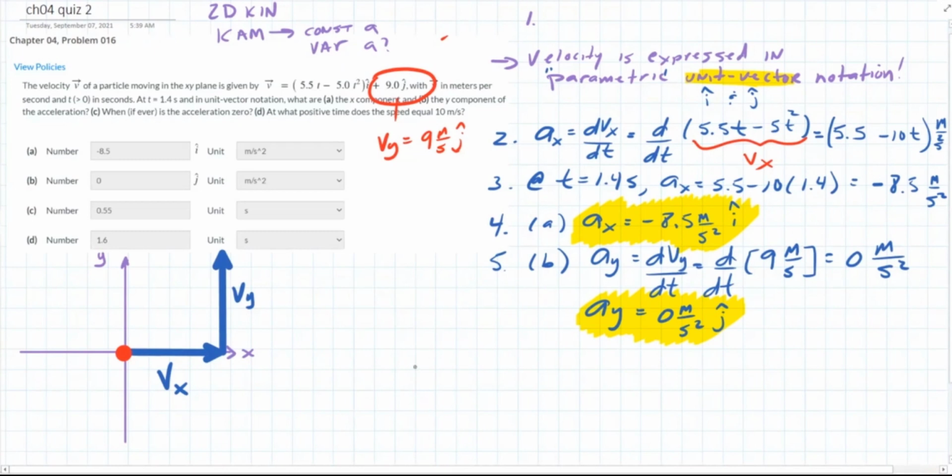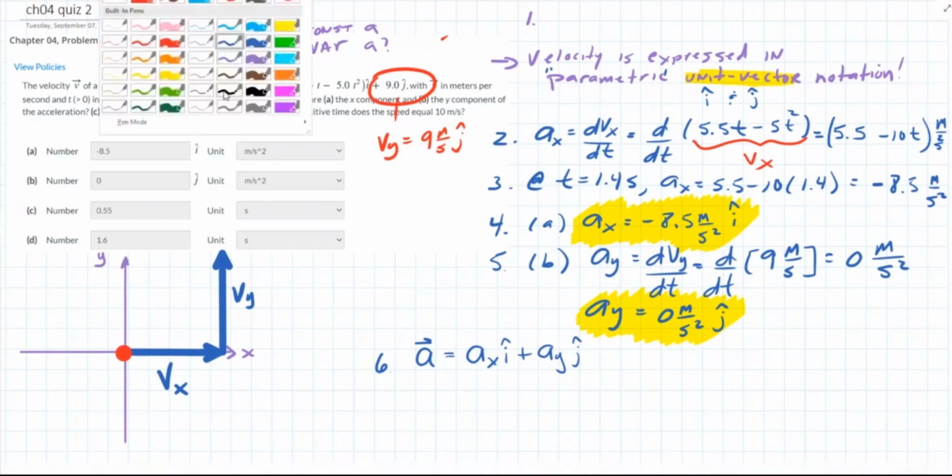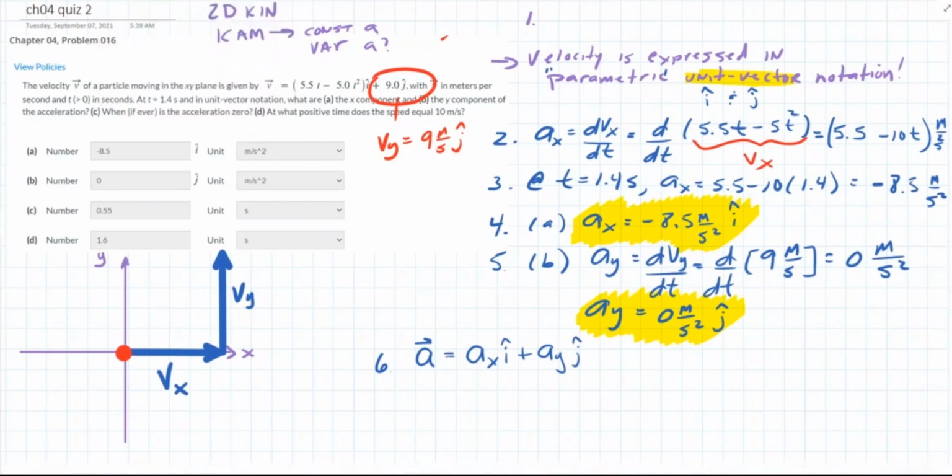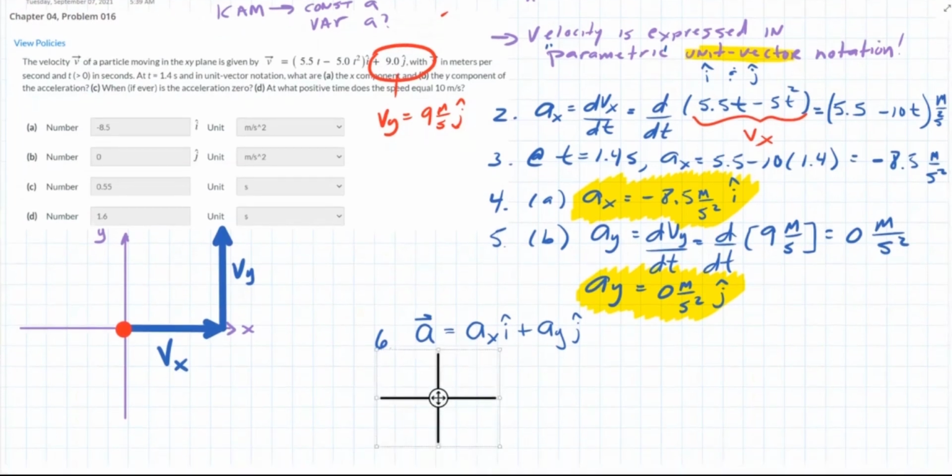In general, you guys, I can write it like this. In general, I have an acceleration, and my acceleration has some x component and some y component, exactly like I'm specifying here. A sub x I hat plus A sub y j hat. So if I wanted to express acceleration on a Cartesian coordinate system like this, I could say, yes, I have an x component.